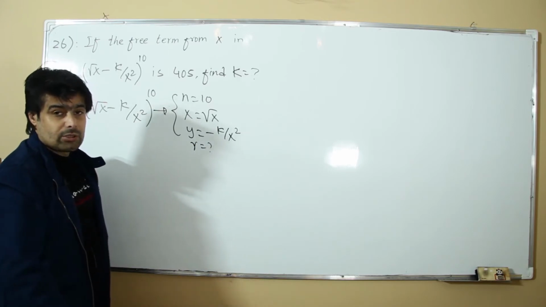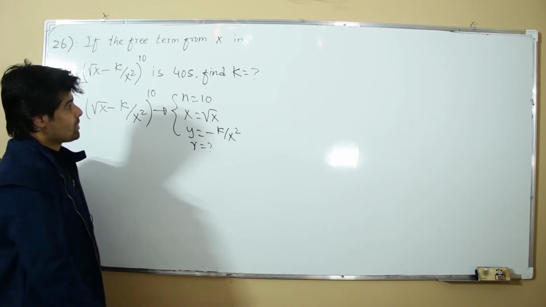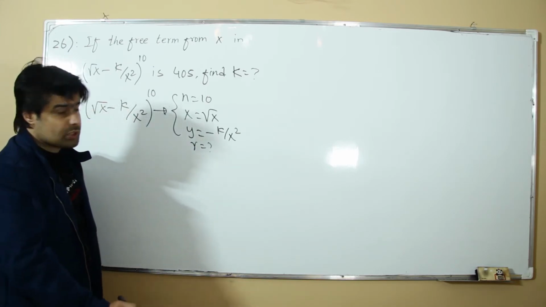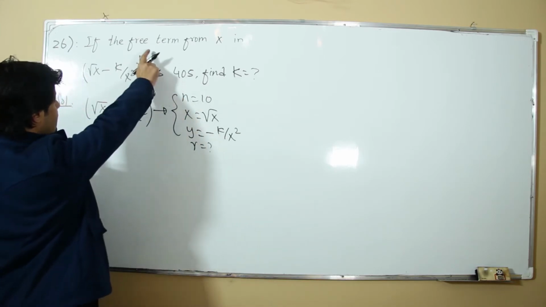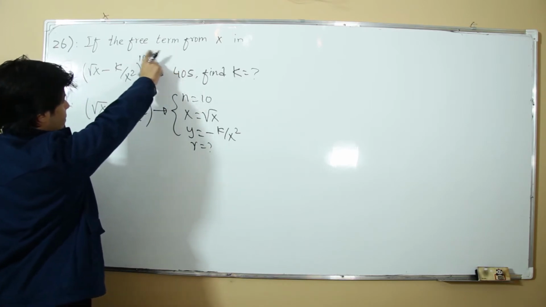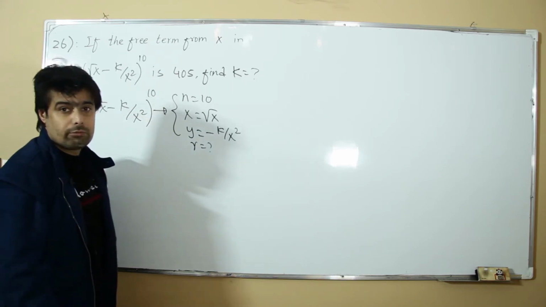The question is not r. The question is, try to find the value of k, in which the condition is given that its free term is 405.